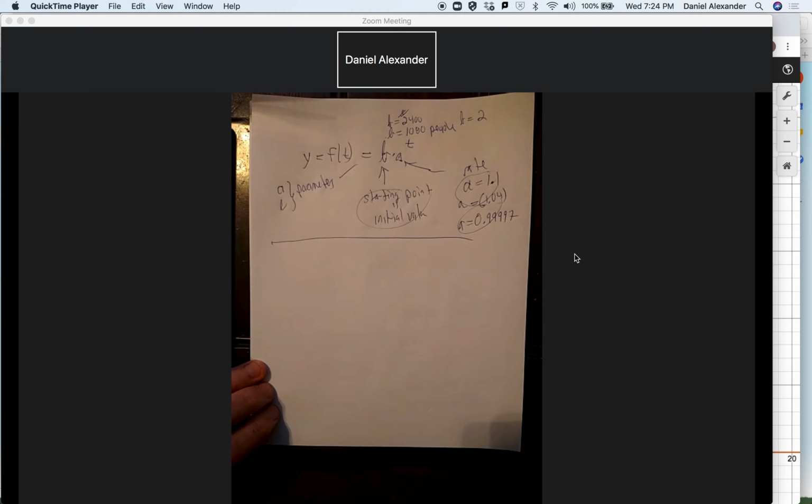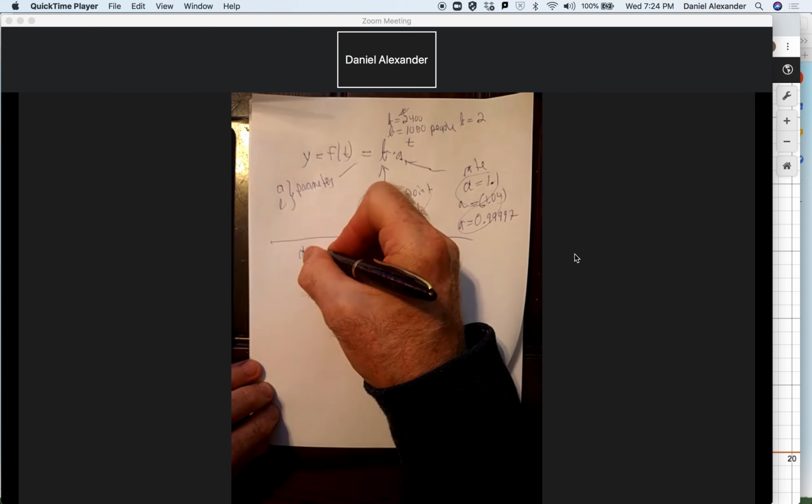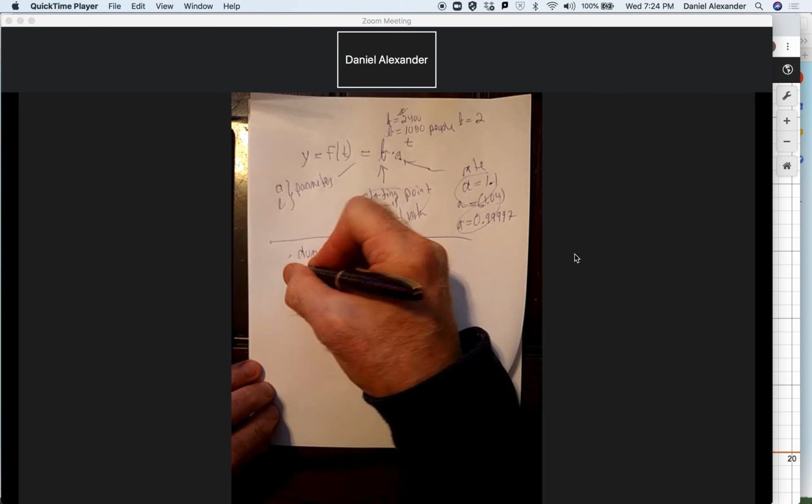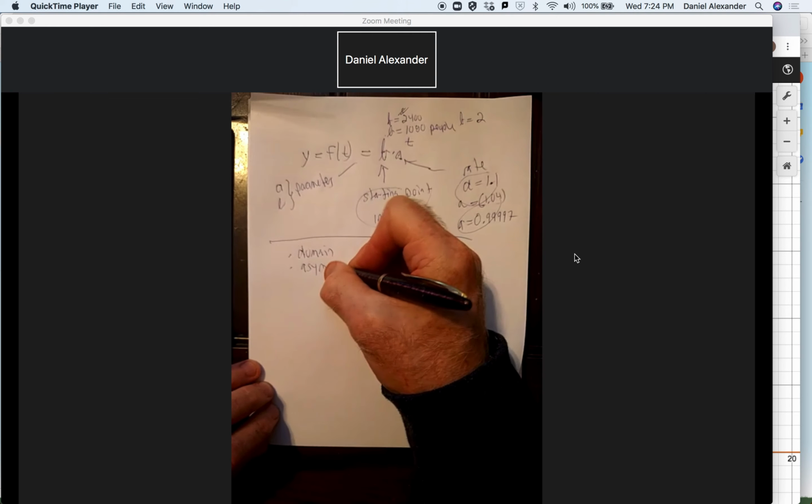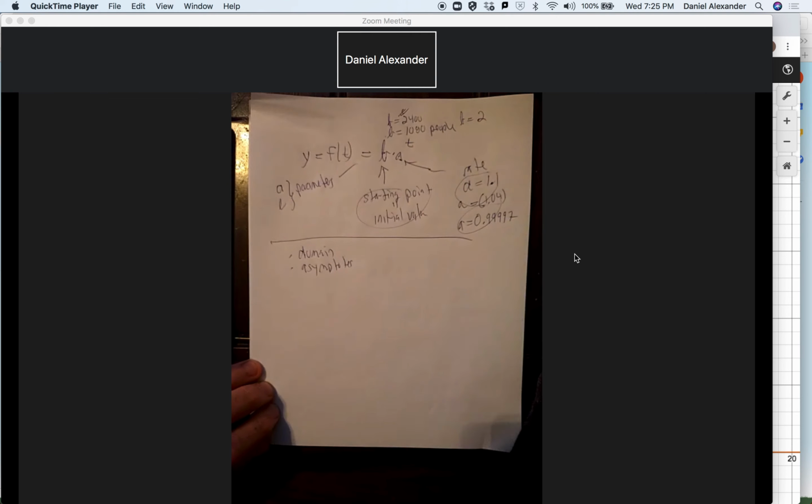So what kind of questions have we been asking? We've been asking about things like domain. Most recently, asymptotes, both vertical and horizontal.